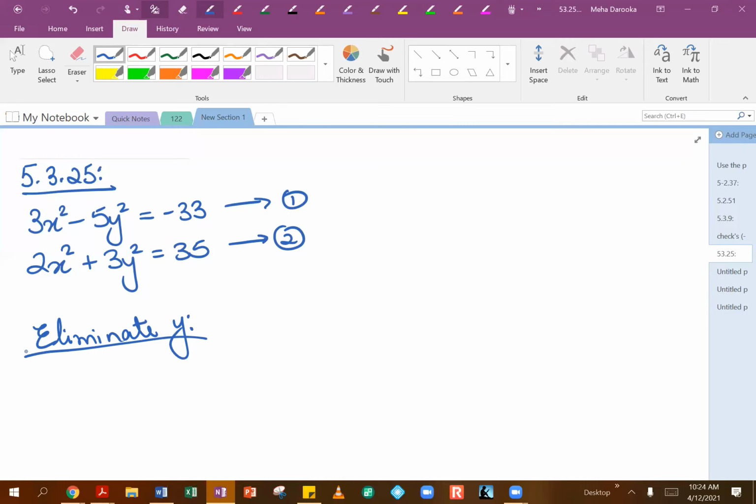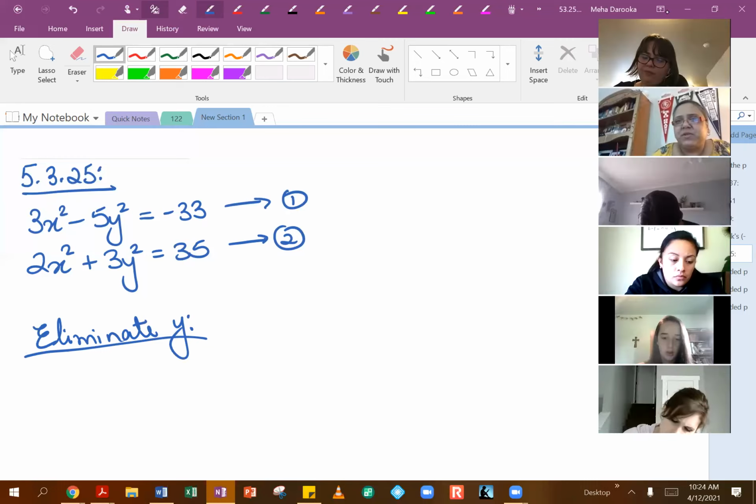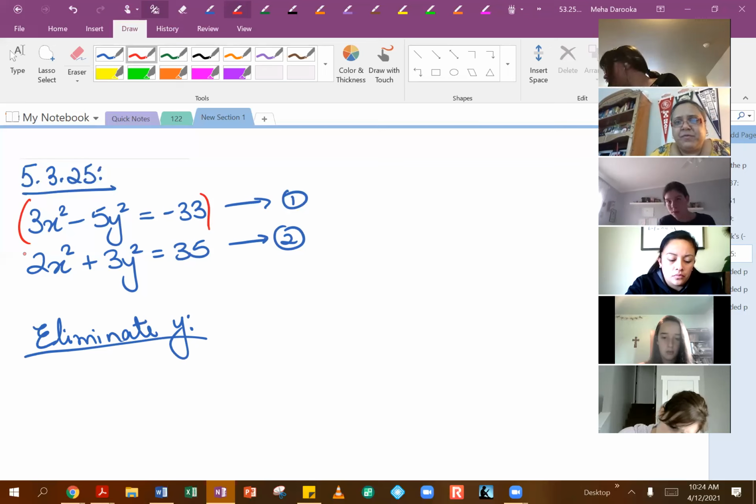So what do you think we need to multiply our equations with to be able to eliminate y? And do we just need to multiply one of them or both of them? Both of them, Alice? Okay, so what are we multiplying our first equation with?